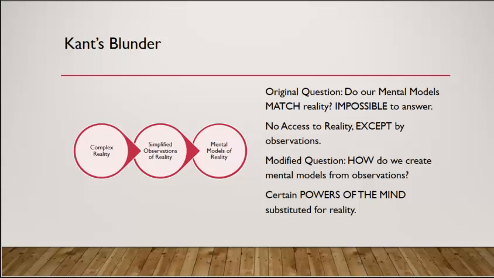Now, what Kant saw was that science depends on these real phenomena. Science depends on the existence of time and space and causation and many other things.